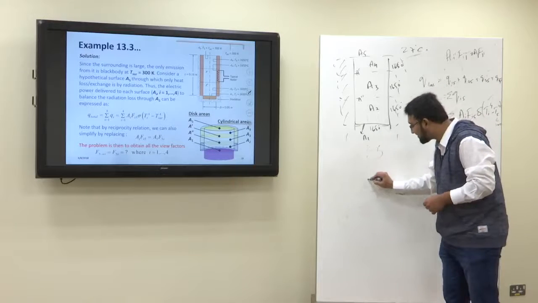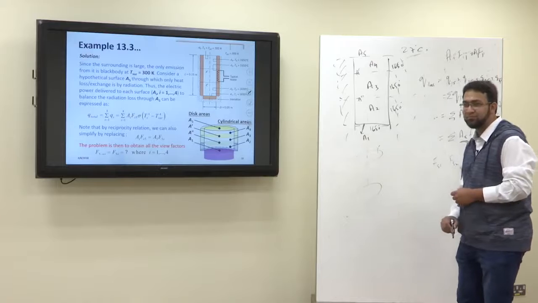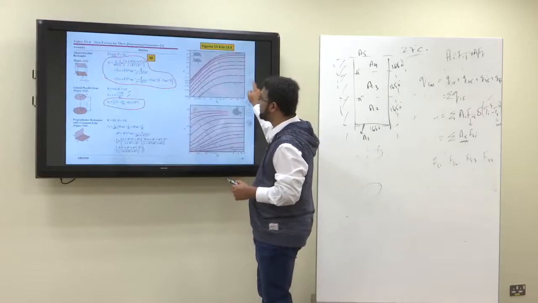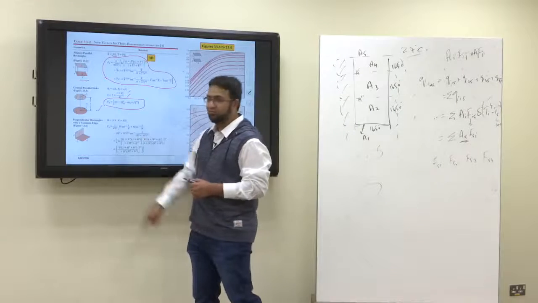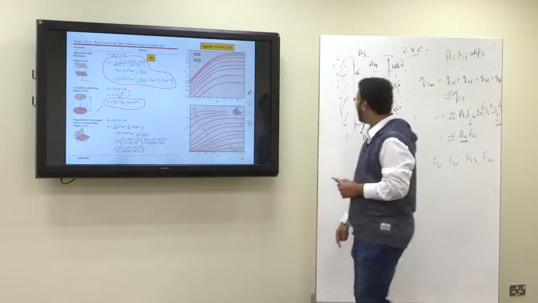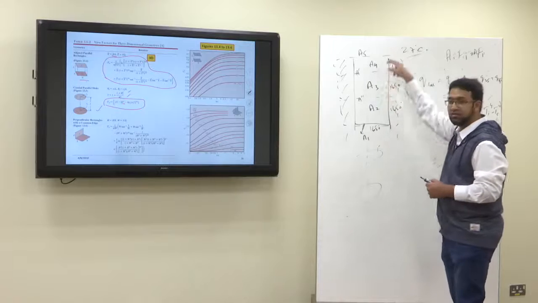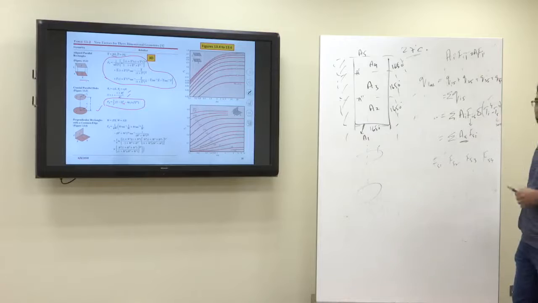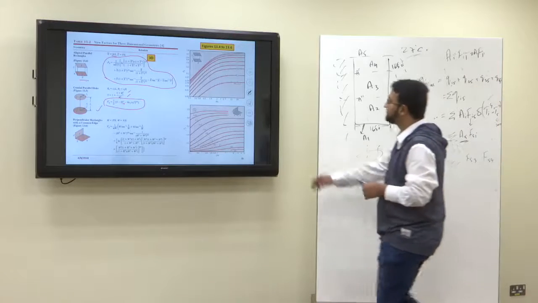Coaxial means their axis is the same. So we had that case previously, when we used it. So 5 to 1 we can deal with simply by using this formulation. I will find what is 5 to 1.